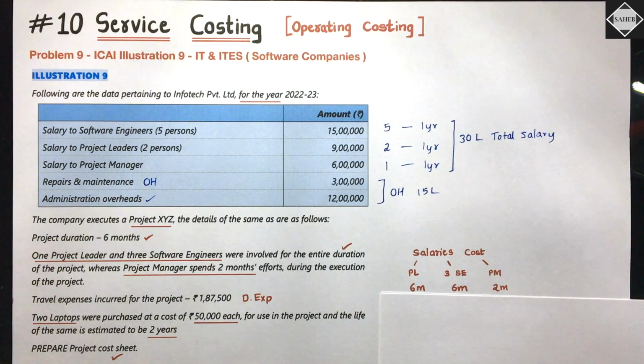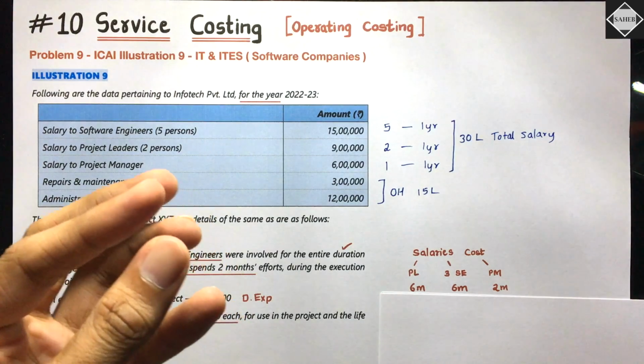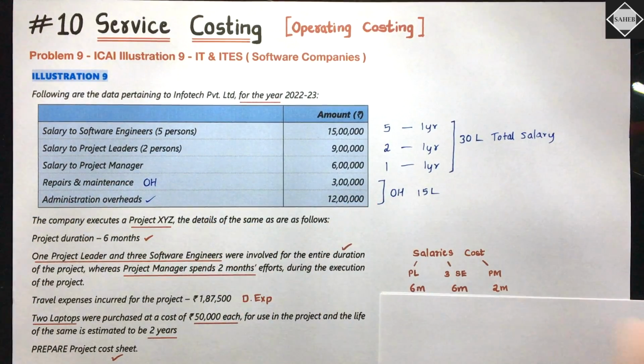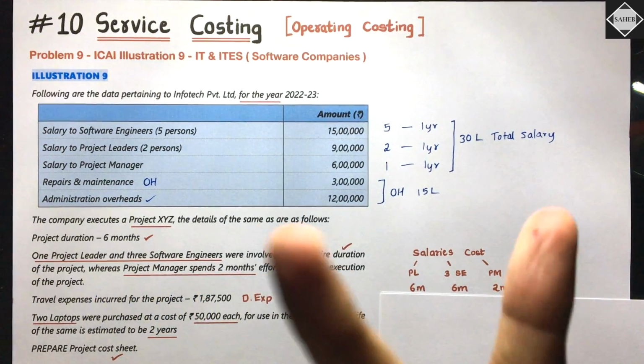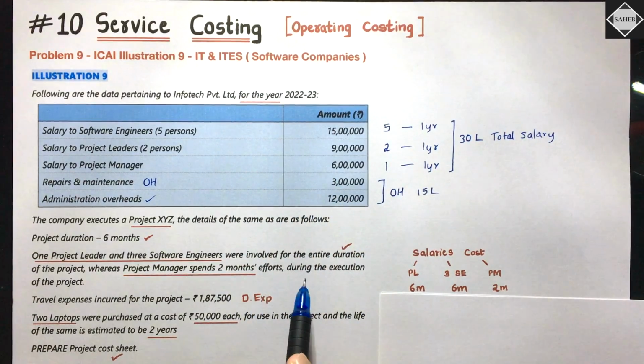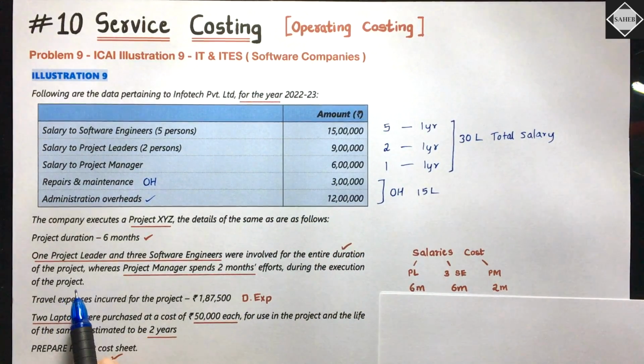So when you calculate the salary cost of project XYZ regarding software engineers, you have to remember: whatever per month salary is there, into 3, into 6 months. Then they are saying that the project manager spends 2 months of effort during the execution of the project. Project manager only has spent 2 months.